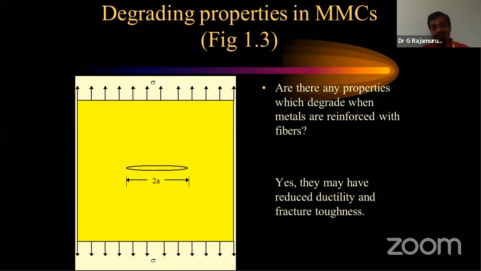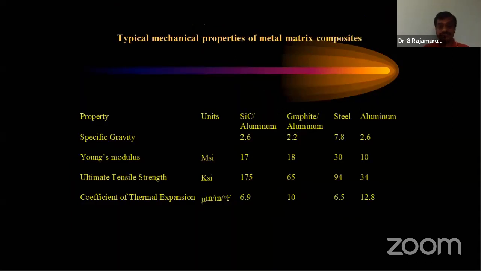So if a crack forms in the composite, it will propagate very fast through the particles. That's why it is very important to study the fracture mechanics of your metal matrix composites.